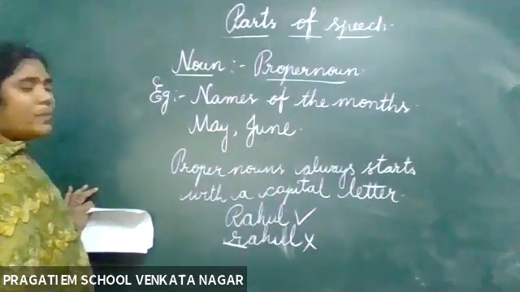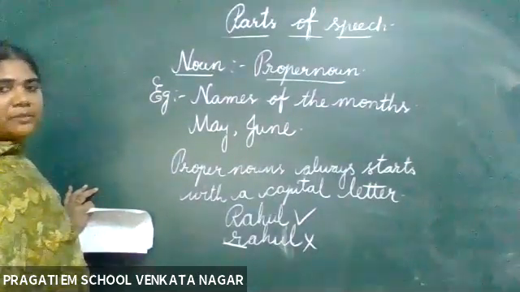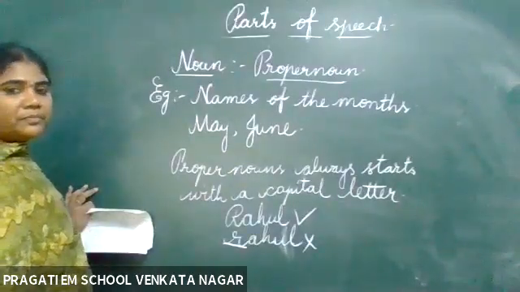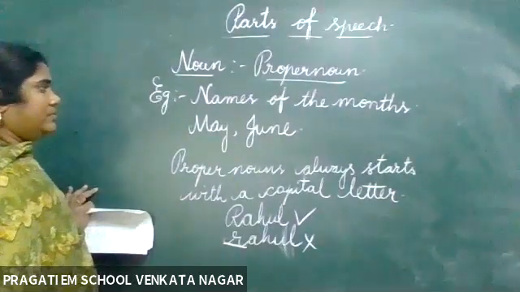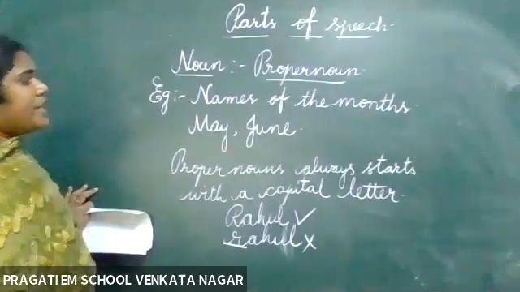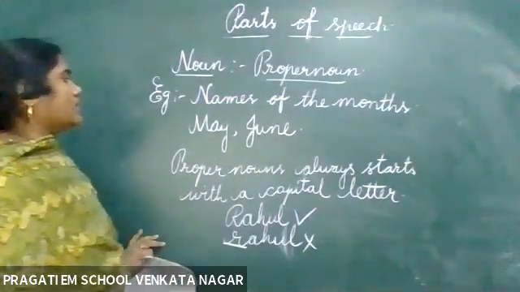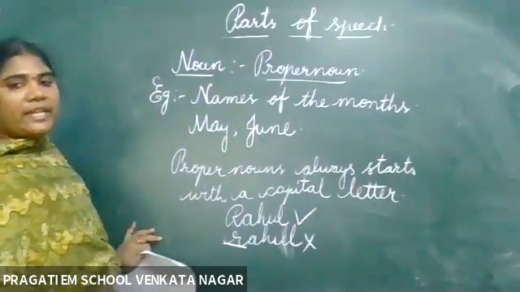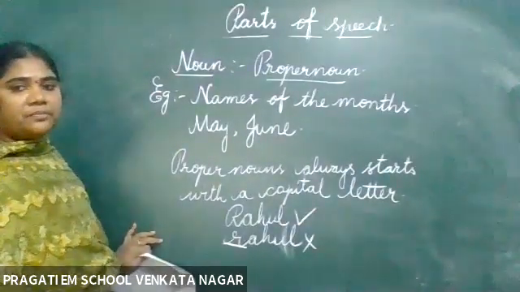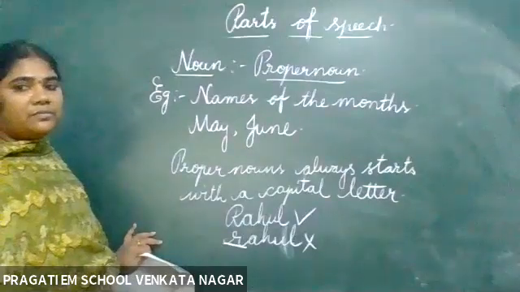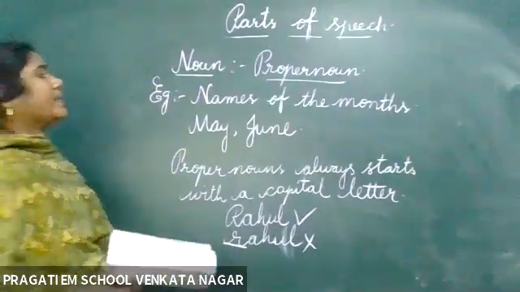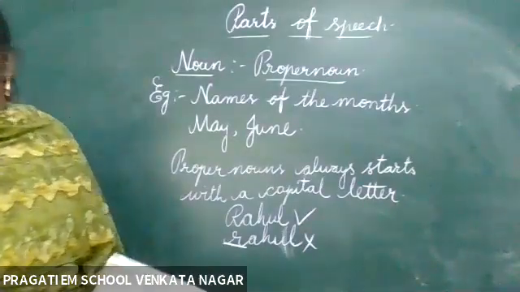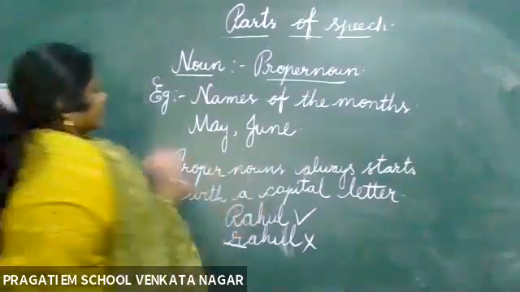A proper noun always starts with the capital letter. Even when you're writing the names of the months also, you have to start with the capital letter only. Some more examples.